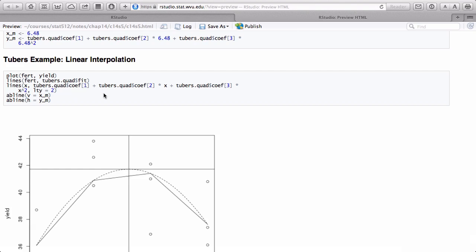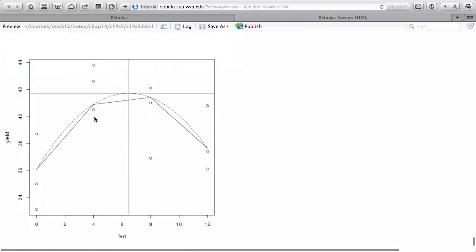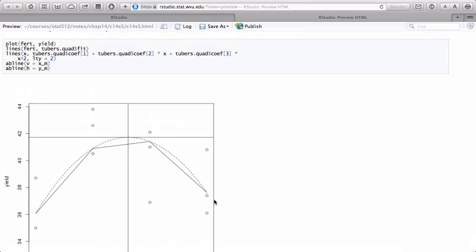And then I'm going to take this model, coefficient 1 plus b naught plus b1 times x, and x is a vector now, going from 0 to 12 by 0.1s. And then this is x squared. And I'm going to, line type 2 means dashed. And so that's actually what fits this nice smooth curve. So that's how we do it.